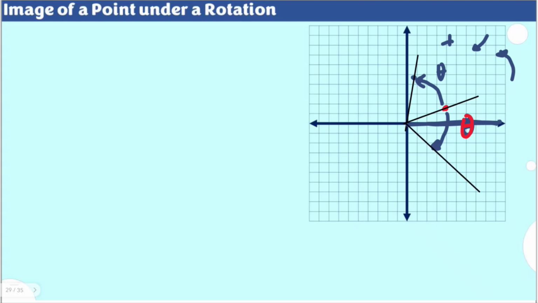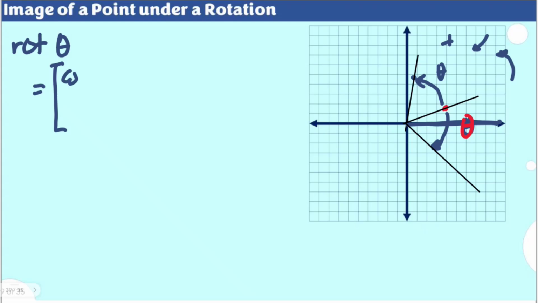Okay, so we can determine that with a certain formula. The rotation of a certain point is indicated by this formula. The rotation along the indicated theta is determined by the product of two matrices.